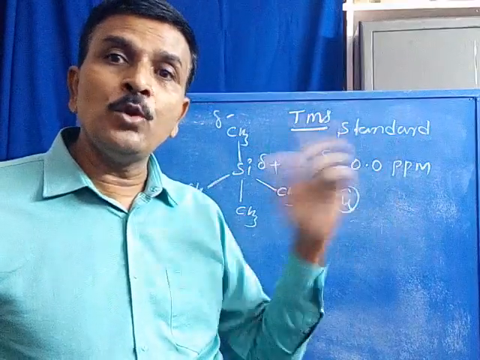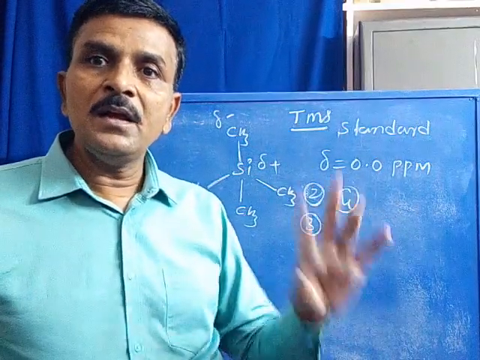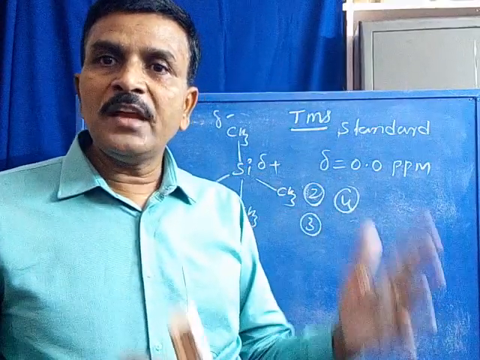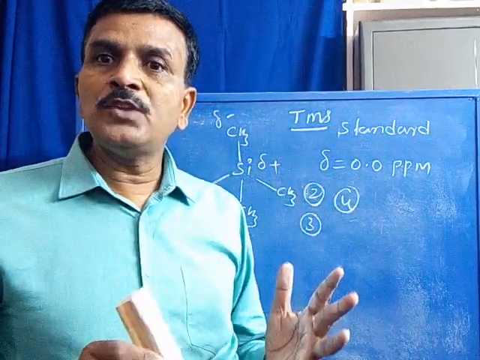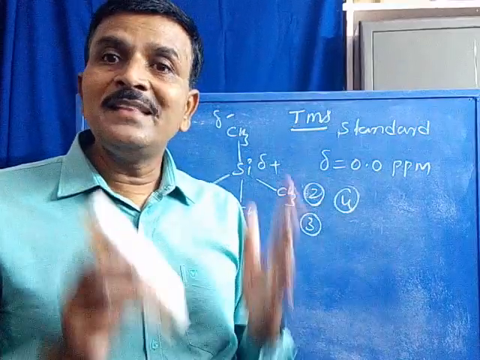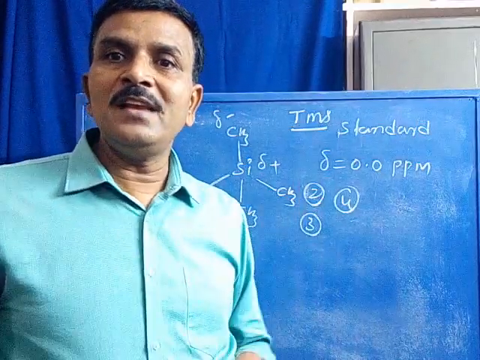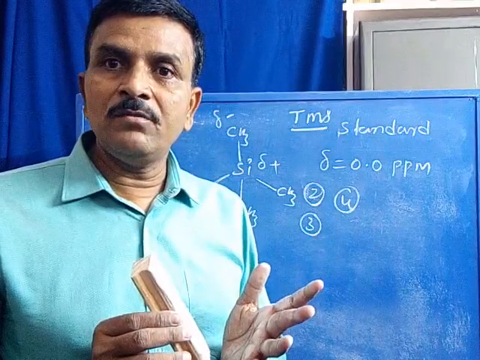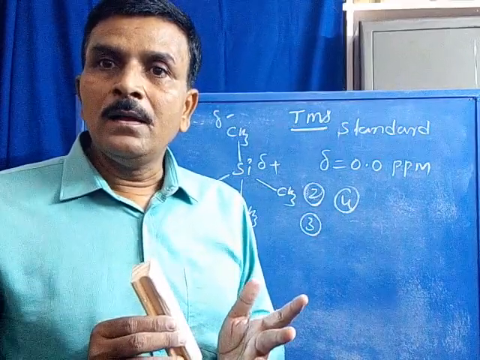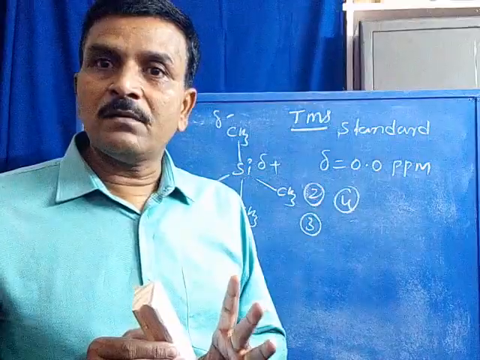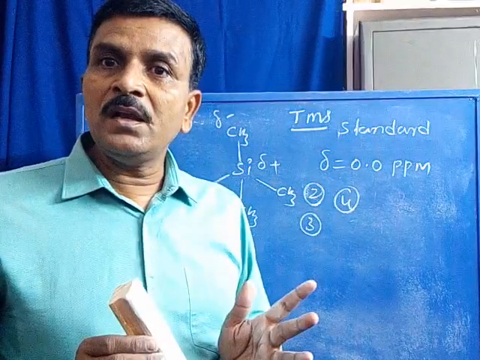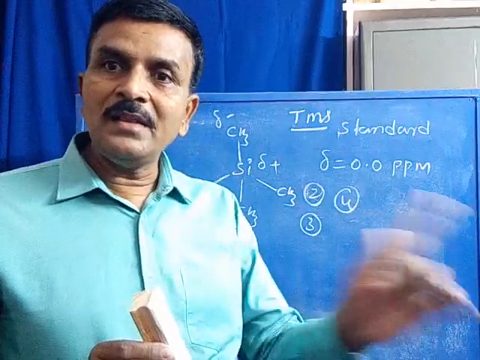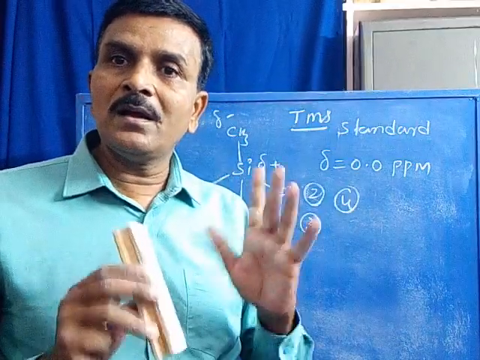tetramethylsilane is soluble in both kinds of solvents, in water as well as in organic solvents. So whatever solvent we choose for dissolving our sample molecule, TMS is also easily soluble in it. If we choose water, TMS is soluble in water. If we choose an organic solvent, TMS is also soluble in organic solvents.